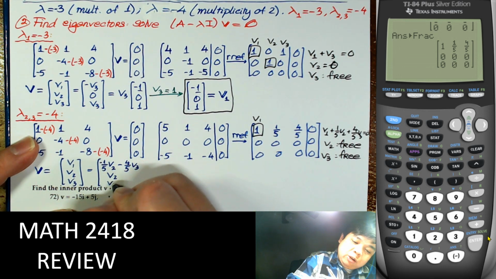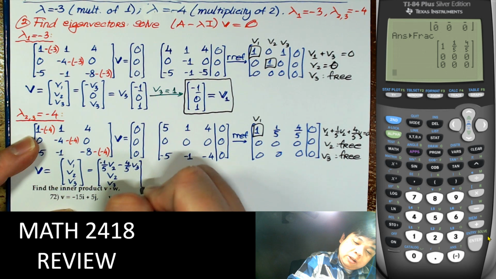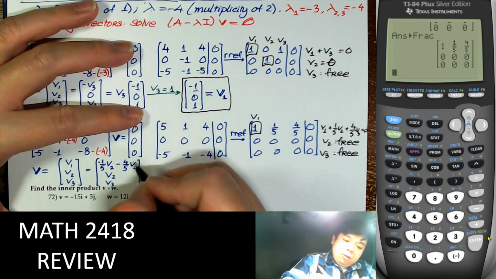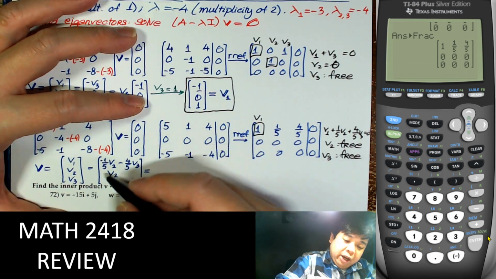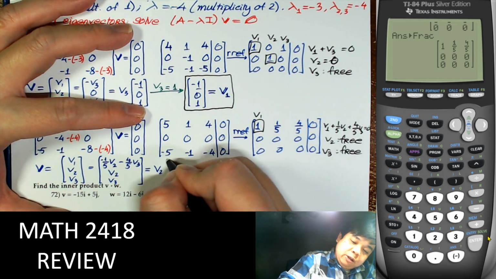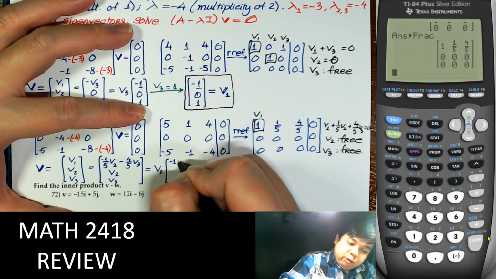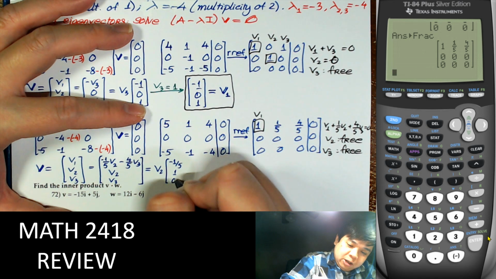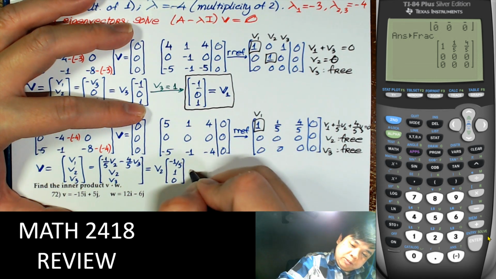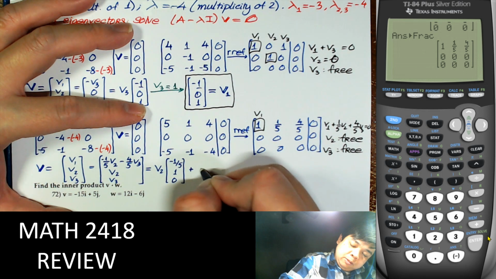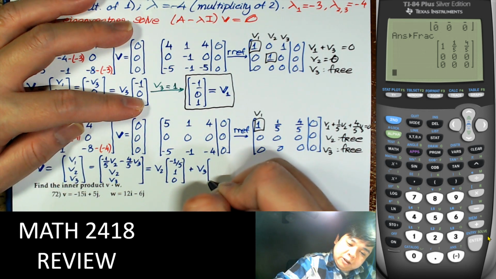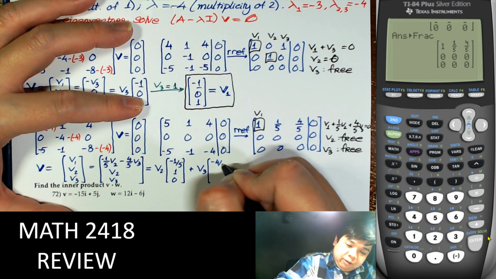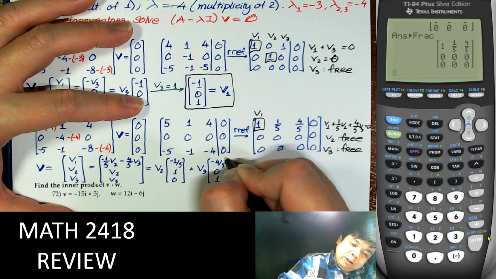V2 is free, V3 is free. Right. So we have for V2, negative 1/5, 1 and 0. For V3, negative 4/5, 0 and 1.